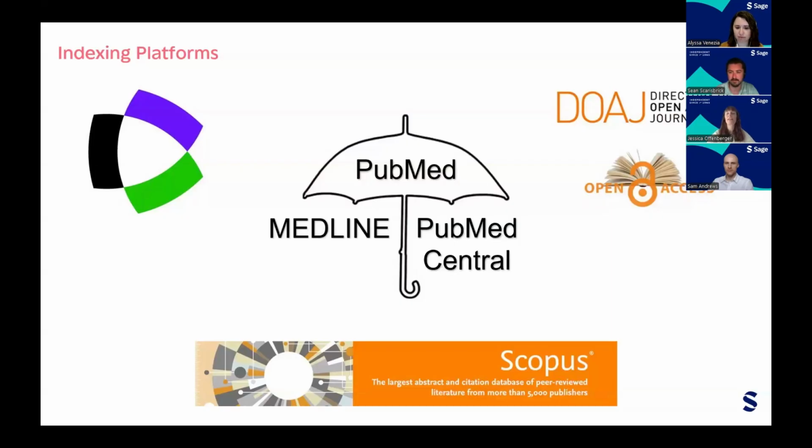These indexes have rigorous inclusion criteria based on subject relevance and scientific quality. They are often maintained by professional societies or government agencies. For instance, PubMed is managed by the U.S. National Library of Medicine. They have high discoverability within the field due to targeted indexing. It's worth noting that these may not include citation metrics. For example, PubMed does not provide citation counts, but it is highly credible and widely used.